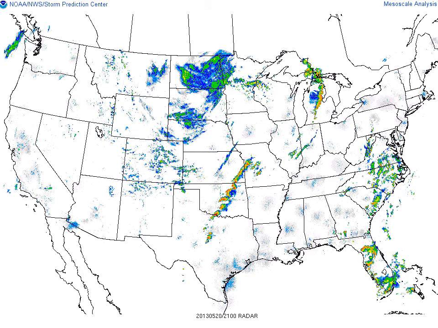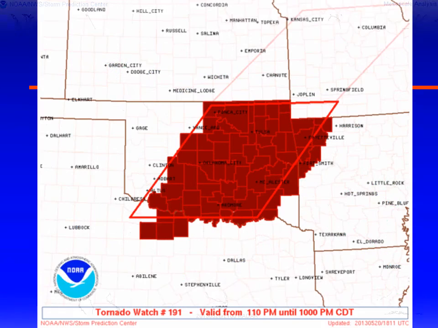You can see a line of thunderstorms developing out ahead of that cold front from Kansas down into Oklahoma. By the afternoon and evening, the Storm Prediction Center put out a tornado watch box for eastern Oklahoma.